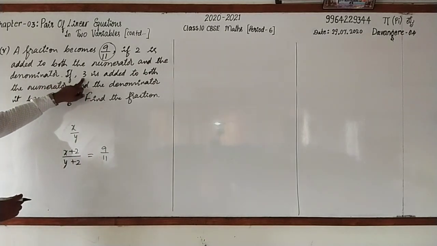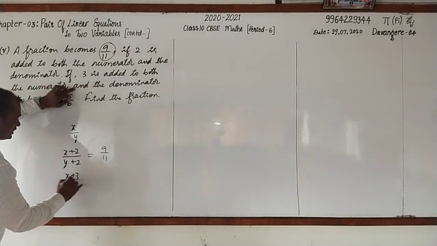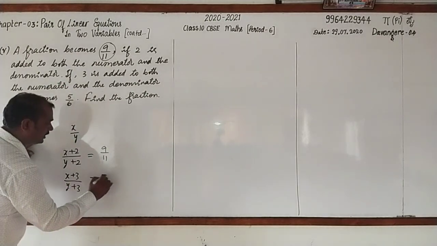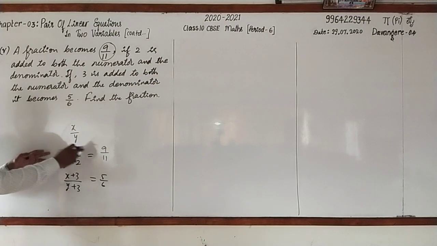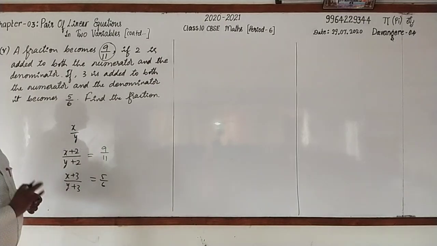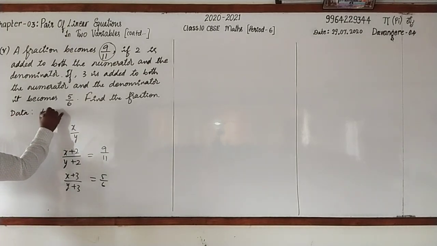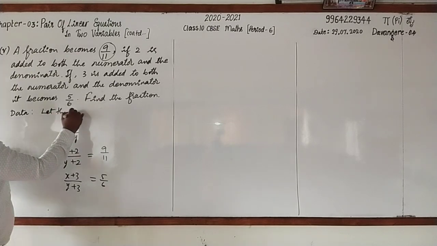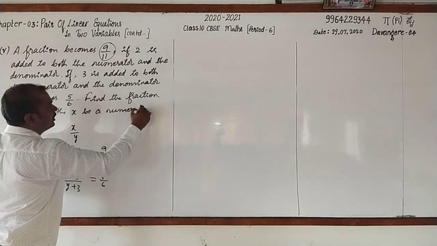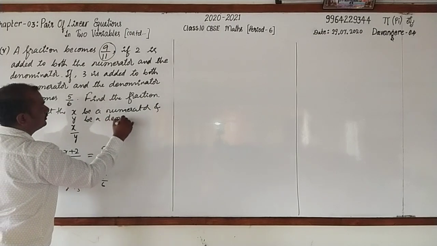Similarly, second one: if 3 is added to both numerator and denominator, that is x plus 3 by y plus 3, then the fraction becomes 5 by 6. You have to bring that to standard form, then we can go for solving it. Clear? Yes. Here, I'll write the first data. Let x be the numerator and y be the denominator.